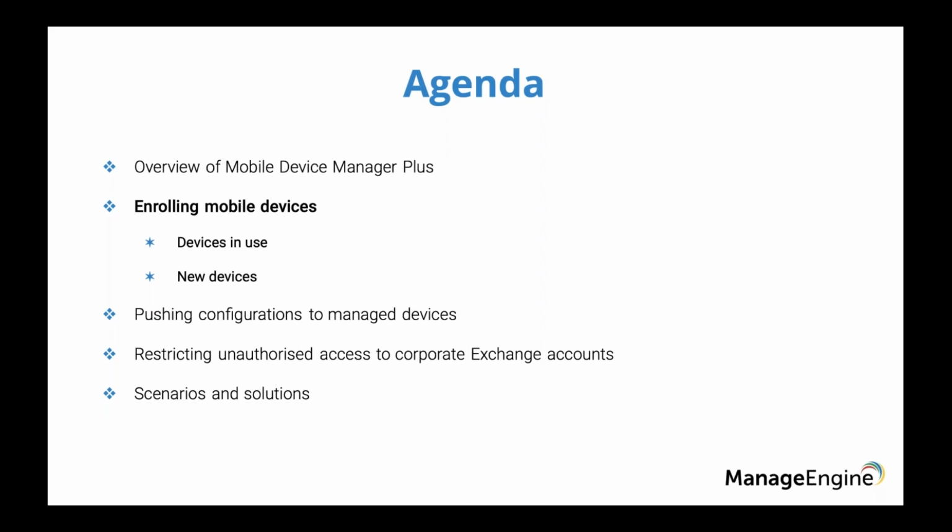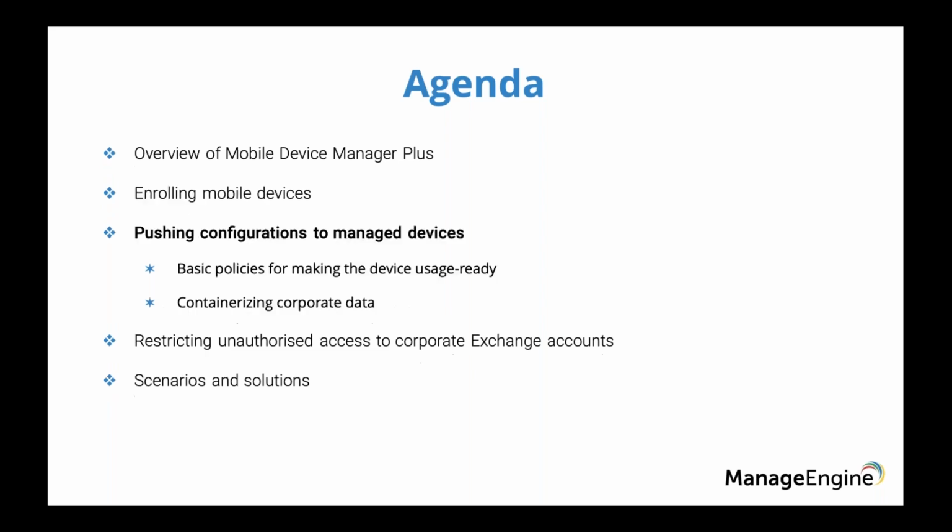We would also work on a few options like configurations that can be deployed to your devices and how you can containerize your corporate data. Because containerization is key from what I have seen in the past 3 years that I have been working here. Everyone wants to containerize their data so that no corporate data gets leaked to any other third-party application.